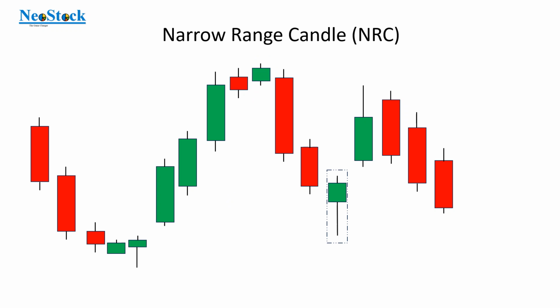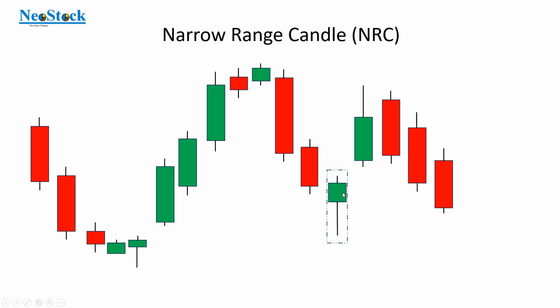Okay, can we call a medium size candle a narrow range candle? No, we cannot. We have a condition. If the condition is satisfied, then only we can call this a narrow range candle. What is the condition? The body of the candle. What is the body here? The green colored one in this example.